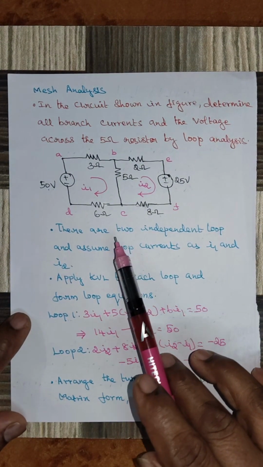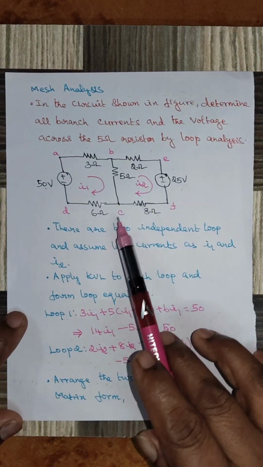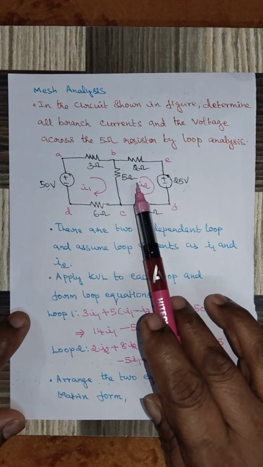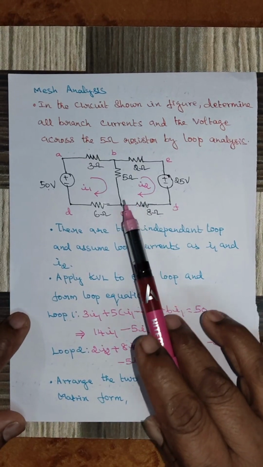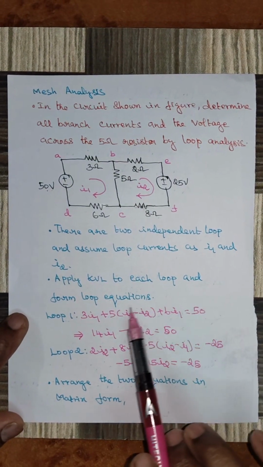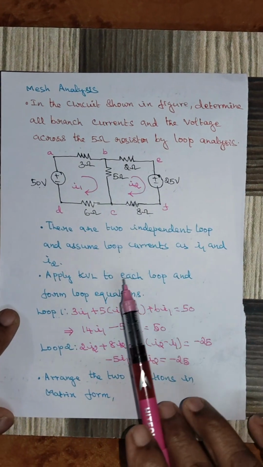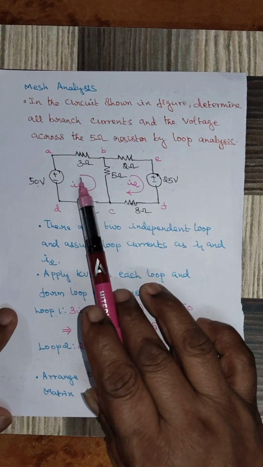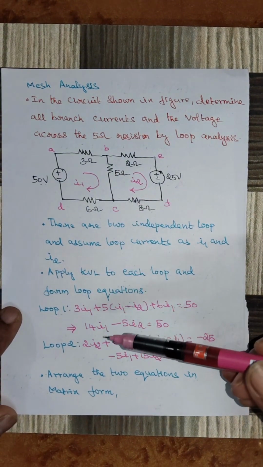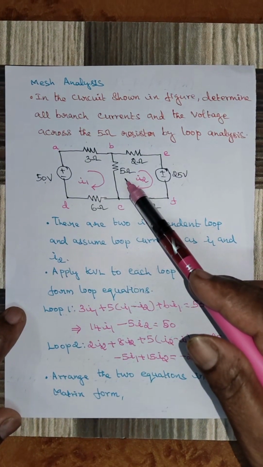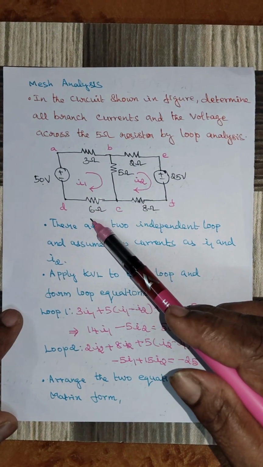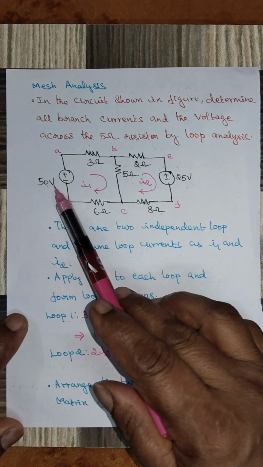To do loop analysis or mesh analysis, we have to apply KVL to the available loops and write the loop equations. So apply KVL to each loop and form the loop equations. If you apply KVL to the first loop, the loop equation is 3 into I1 plus 5 into (I1 minus I2) plus 6 into I1 is equal to 50.